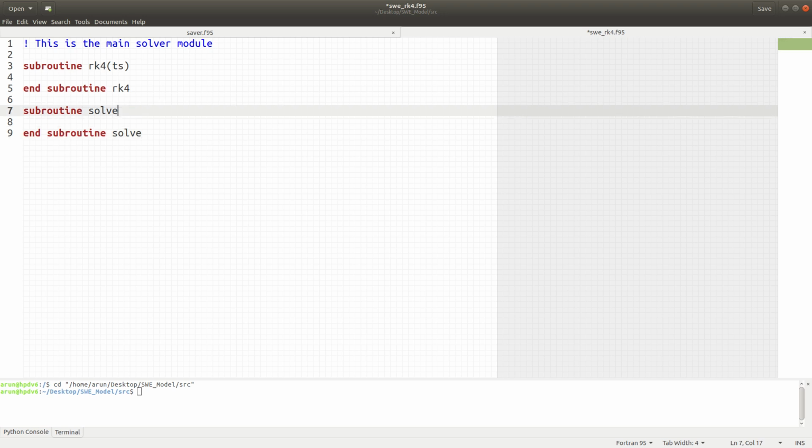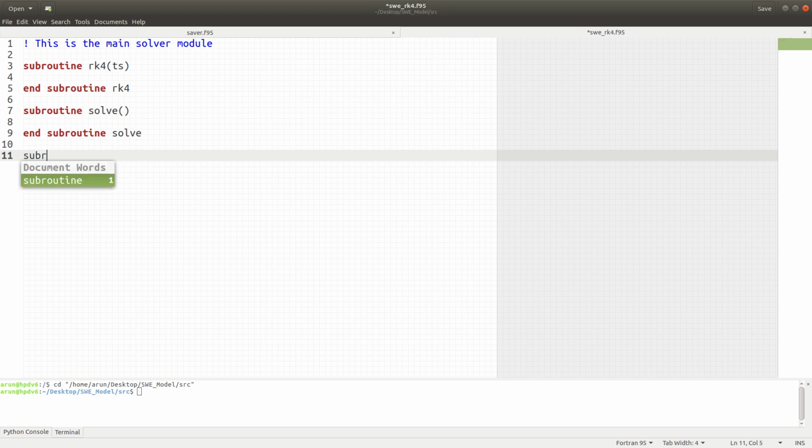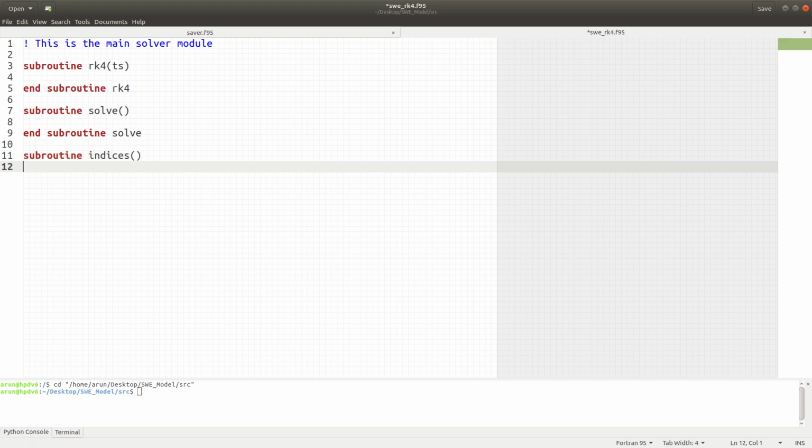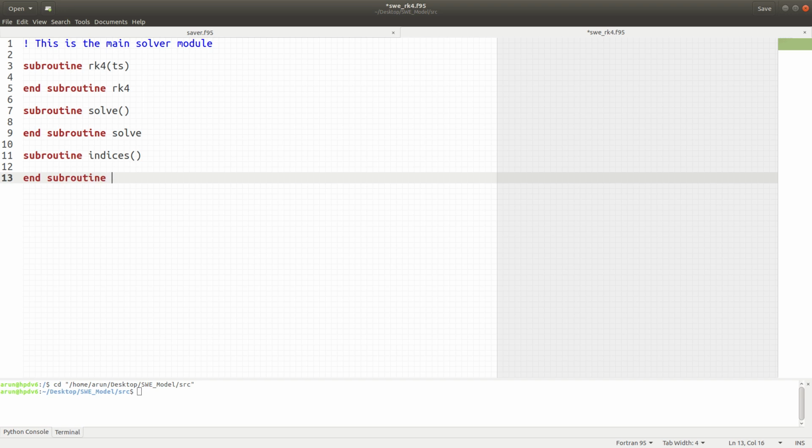This is going to take a lot of variables, so we'll write them out as we go along. And then it's going to have another small subroutine called indices. We'll talk about this indices subroutine as we go along. First, let's finish this RK4 module, because that's relatively easier to write.